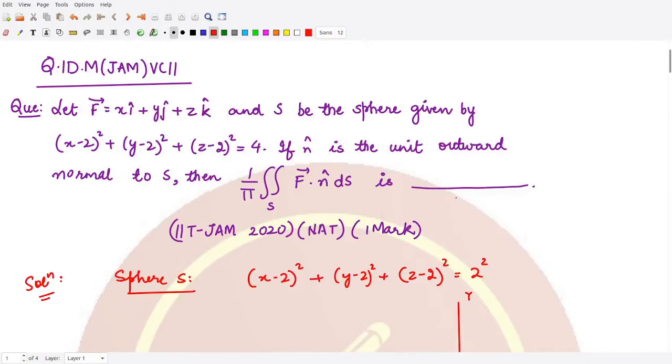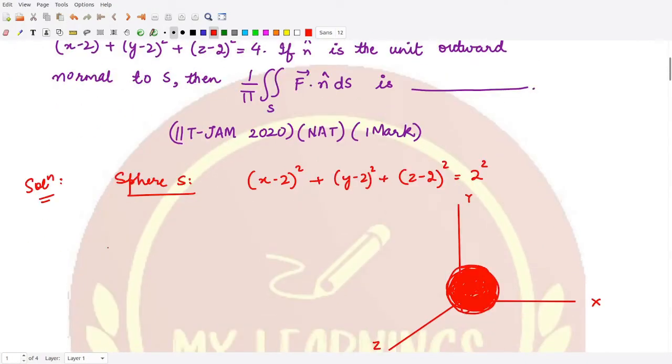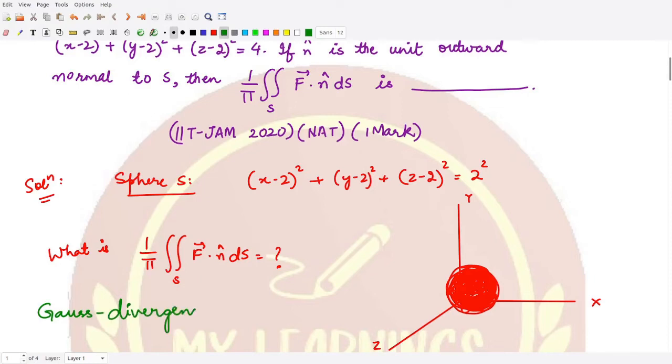For this sphere, we wanted to calculate the value of 1 by pi times the surface integral over S of the vector f dot n cap dS. For evaluating this, we have the Gauss divergence theorem. You might have studied about this theorem.